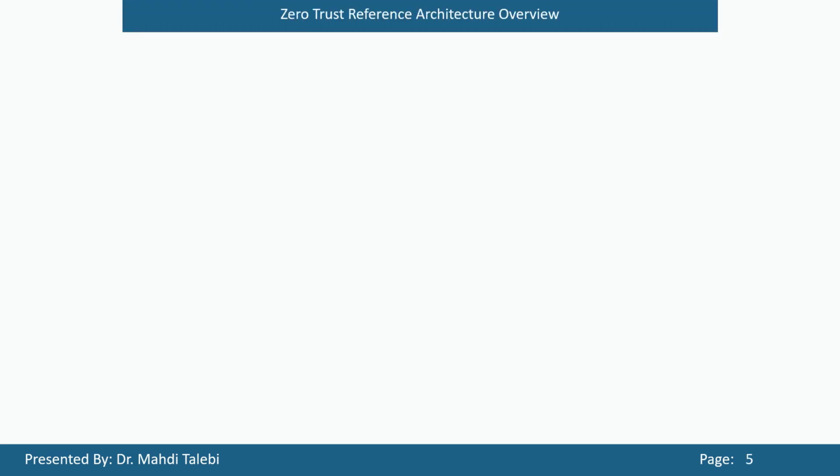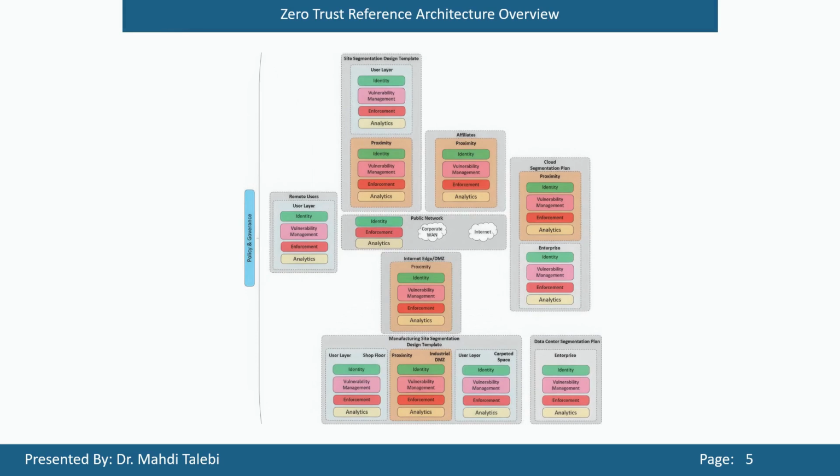In the Zero Trust Reference Architecture overview, we are presented with a structured strategy for securing an organization's network by defining different zones and areas, each with a tailored security approach. This framework operates under the principle that no entity should be automatically trusted, regardless of its location relative to the network perimeter.